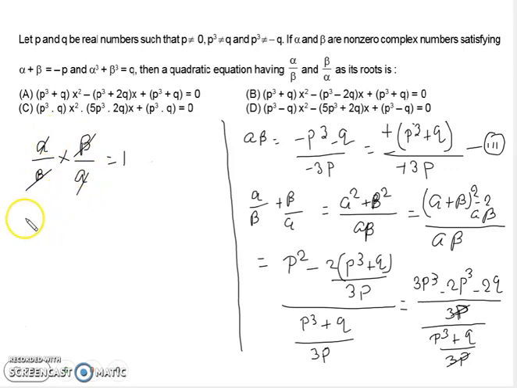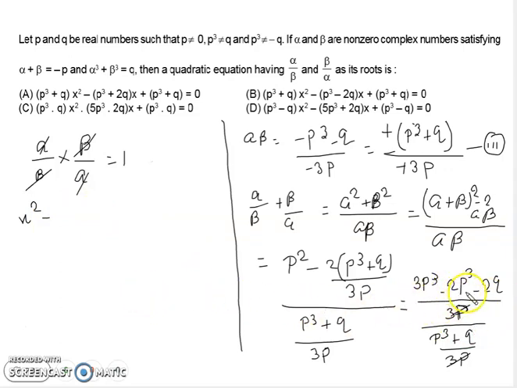So now I am going to find the equation of the given roots, guys. The general form of the quadratic equation is x square minus sum of roots. So what will be the sum of roots, guys?